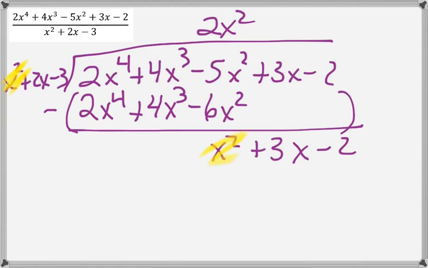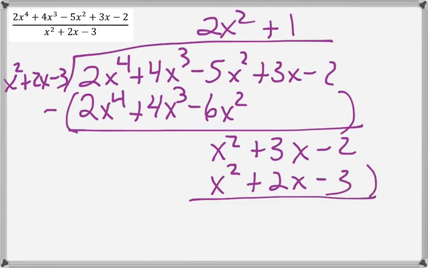We can do x squared times 1 to get x squared. And then we need to multiply that 1 times every term in the divisor. And then we subtract.